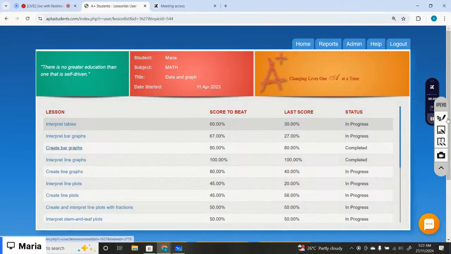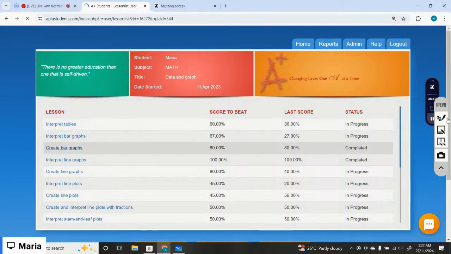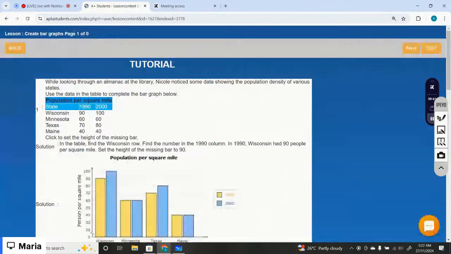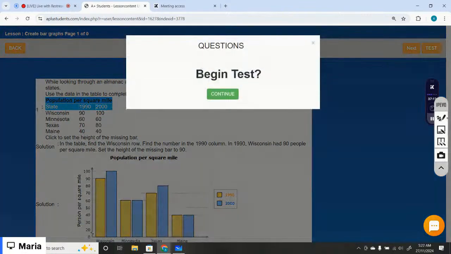The next lesson is create bar graphs. Let's just start with the test questions.